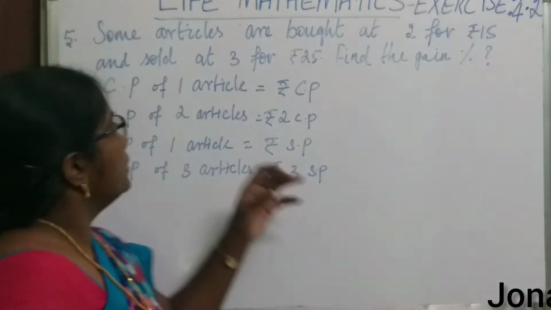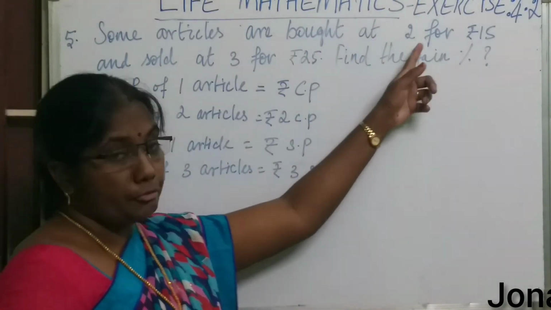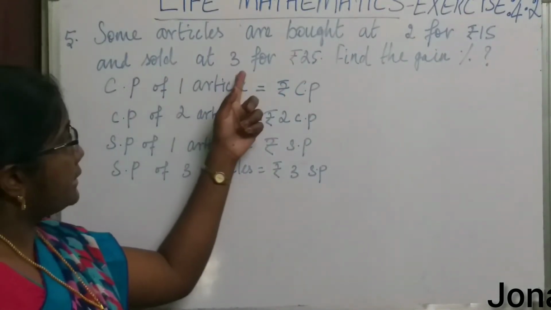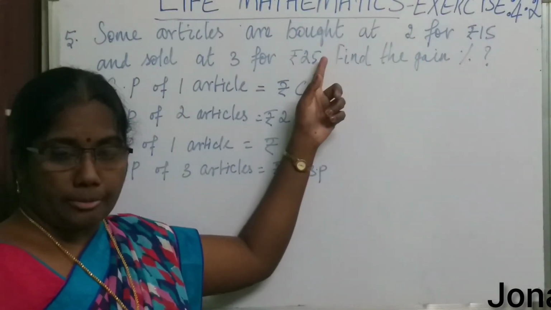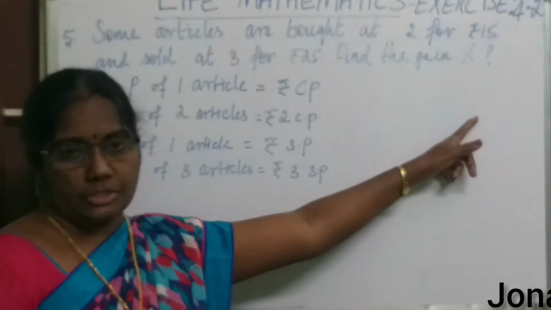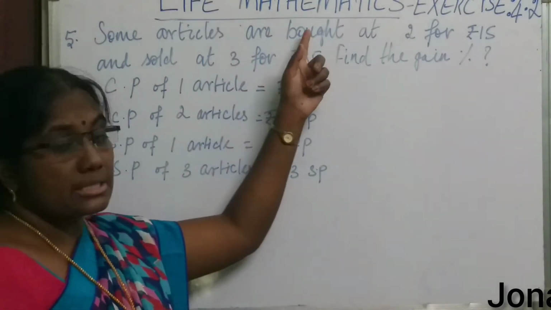Fifth problem. Some articles are bought at 2 for rupees 15 and sold at 3 for rupees 25. Find the gain percentage. Here some articles are bought, that means CP.